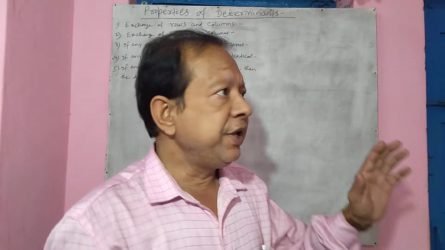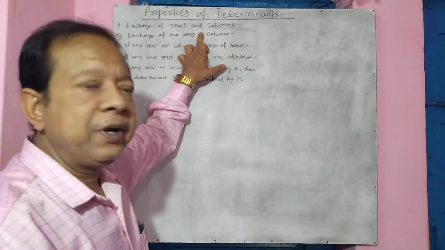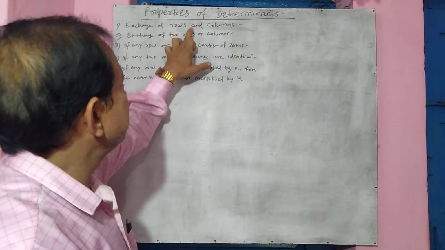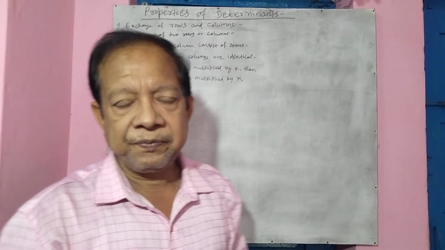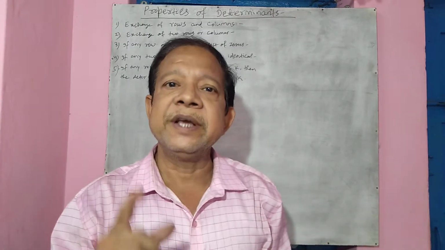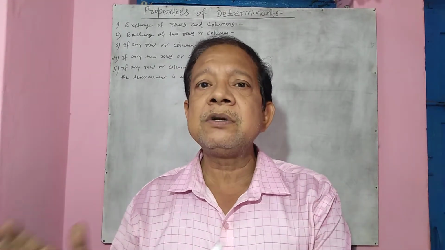Now as you see here, I have written, though in small letters, please see it properly. The first property of determinant is exchange of rows and columns. If you exchange the rows and columns of a matrix, the determinant value will remain constant.